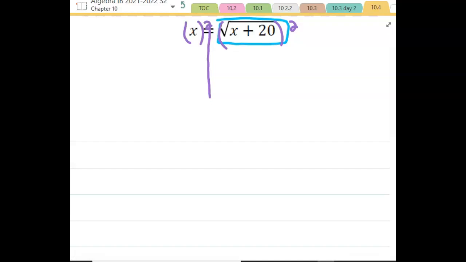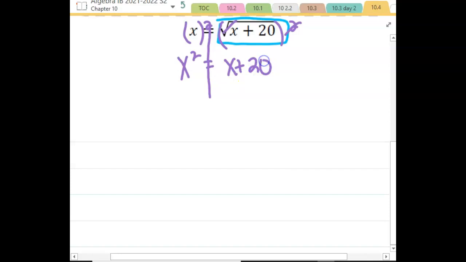On the left side, when you take x squared, it just gives you x squared. On the right-hand side, just like yesterday, the square and the square root cancel each other out, and we get x plus 20. Now, my radical, my square root, is gone. I just got my x's, but see, I had that x squared? This we did last chapter. Anytime you end up with an x squared, that's a quadratic equation.